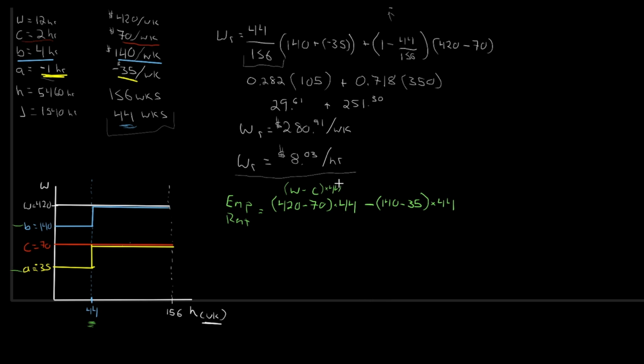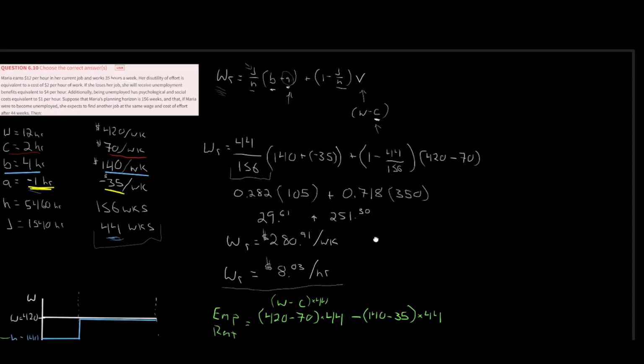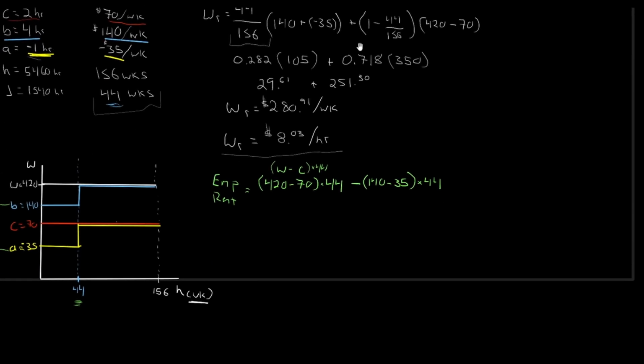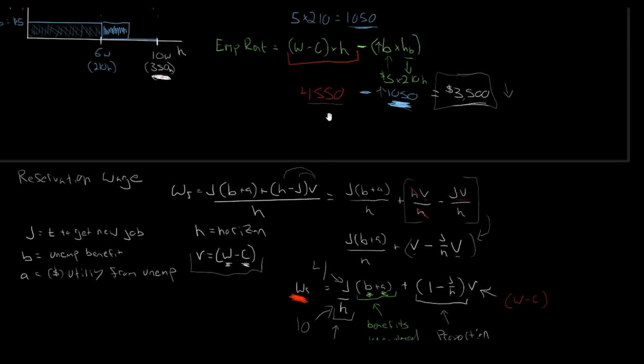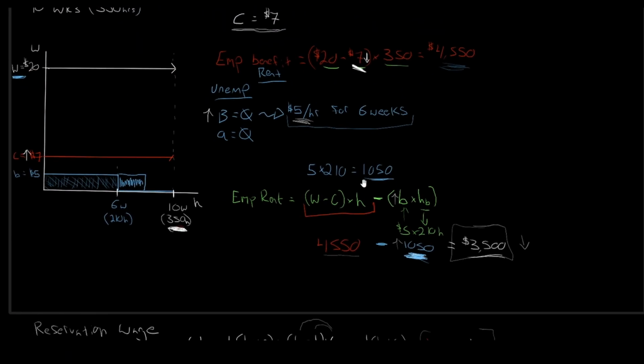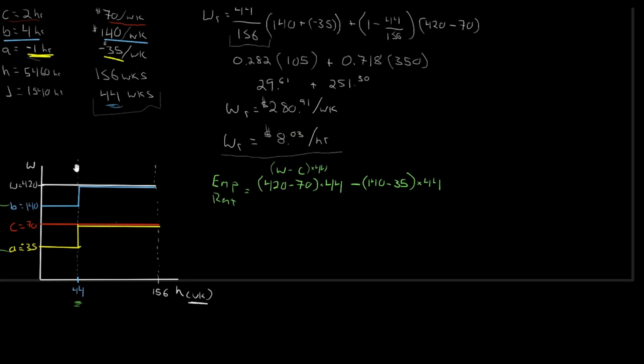44. And you might be like, well, hey, Keith, why did we say up here, oh, sorry, maybe it was on the previous page, why did we say over here, times h, and then times h that we get the benefit for? Well, in this case, I can just shorten my horizon to be this 44 weeks, not the 156, because anything beyond the 44 weeks is one and the same.